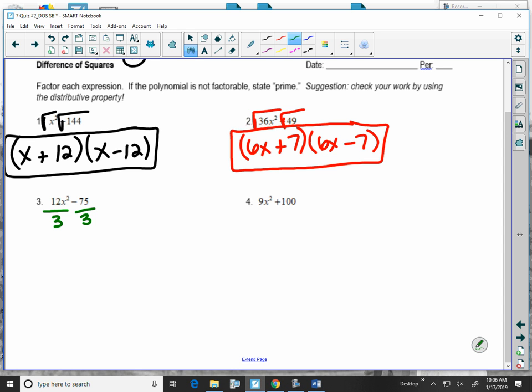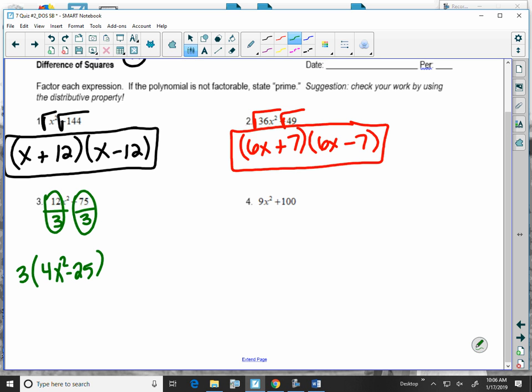So we're going to go ahead and pull out a GCF of 3, which means we divide each term by 3. If I do 12 divided by 3, I end up with 4, and I'll keep my x squared. Negative 75 divided by 3 is negative 25.